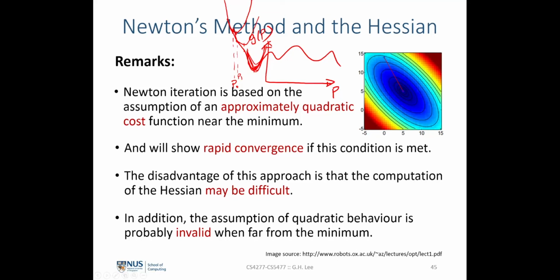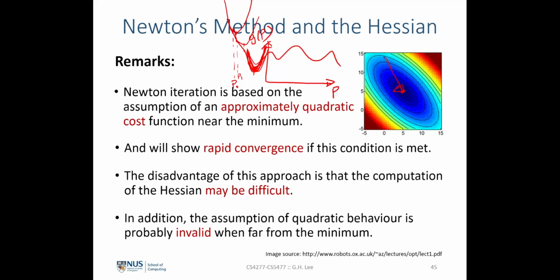So what this means is that since Newton iteration is based on approximating a quadratic curve near the operating point, it's going to work best when this particular estimate P is already close to the optimal point. It's also further based on the assumption that the optimal point is quadratic. So once it's quadratic, it's going to converge very fast towards the local minima.